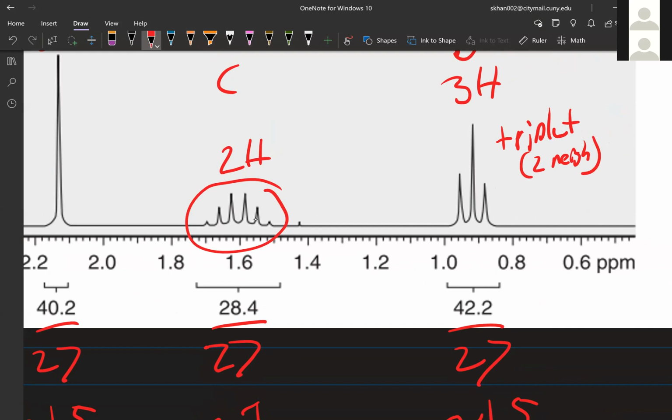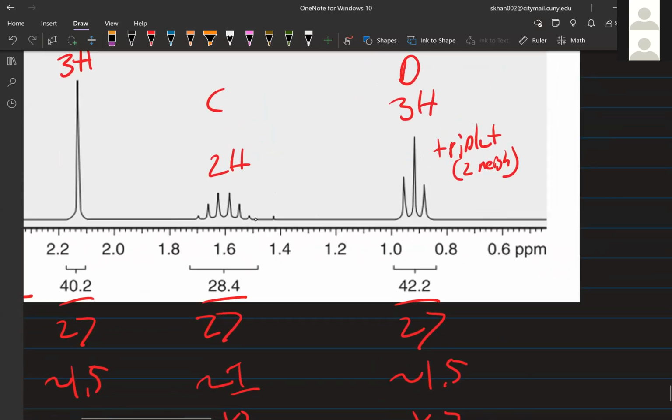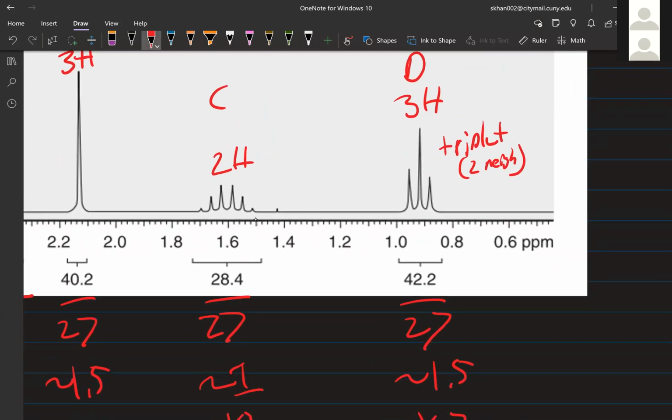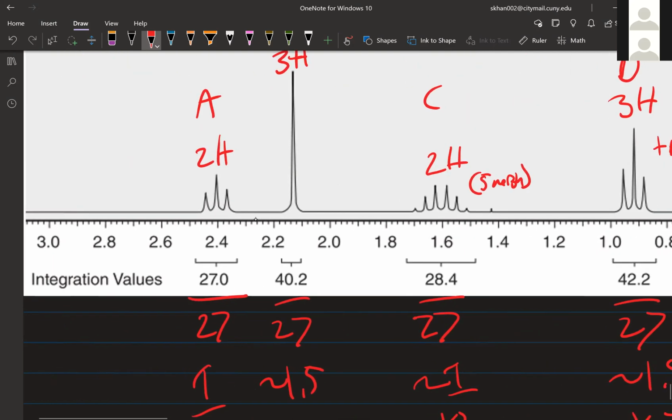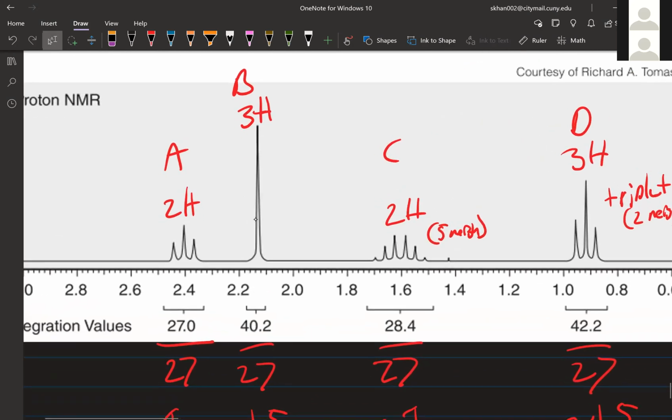So yeah, sextet, 1, 2, 3, 4, 5, 6. So we have a sextet, which means this 2H, how many unequivalent neighbors does it have? 5 neighbors. The 3H here is a singlet.